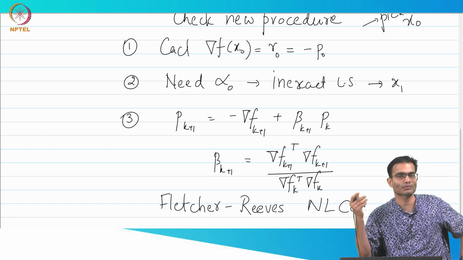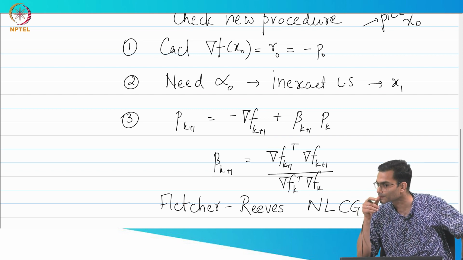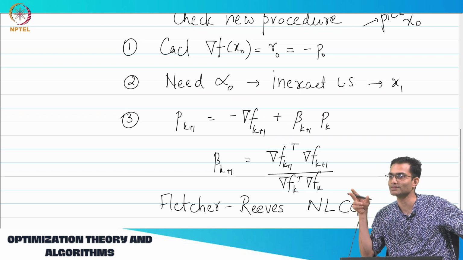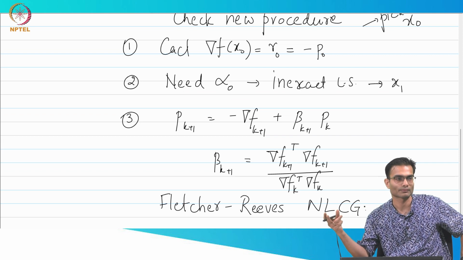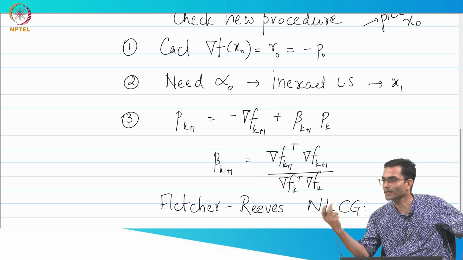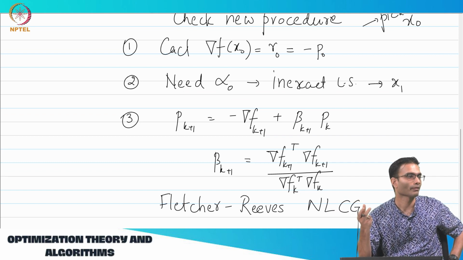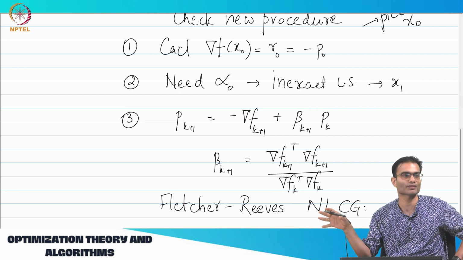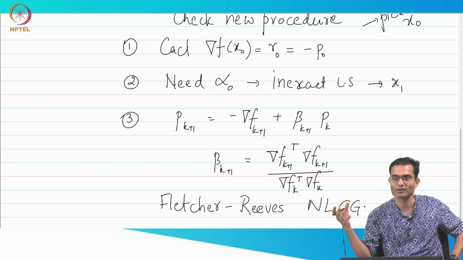So what is the big difference now between linear CG and non-linear CG that we have glossed over? What was critical in the case of linear CG? Positive definite, which was used for doing what? For making the conjugate directions. The p's were conjugate with respect to A. Now there is no A. So the meaning of conjugacy itself is no longer valid because I have a non-linear function in general, right?